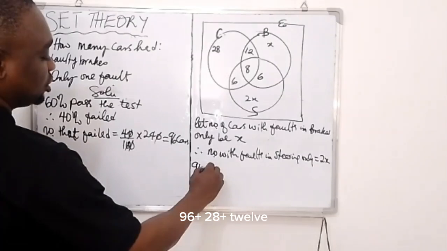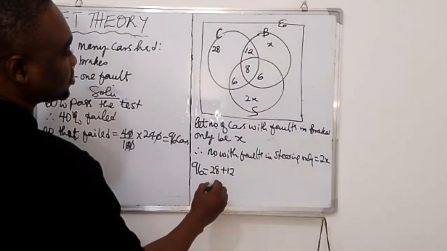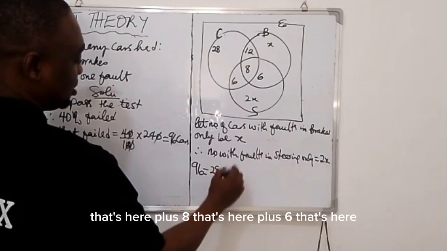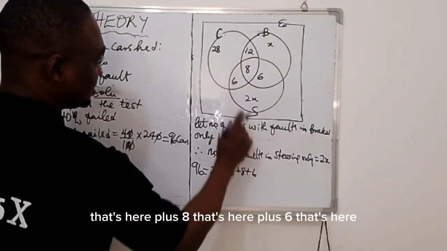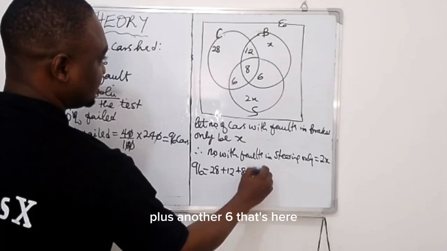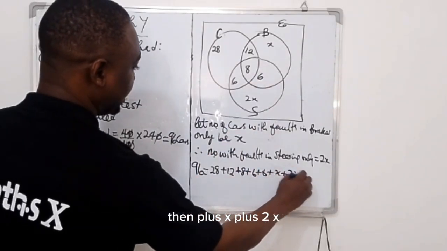So 96 equals 28 plus 12, that's here, plus 8, that's here, plus 6, that's here, plus another 6, that's here, then plus X plus 2X.